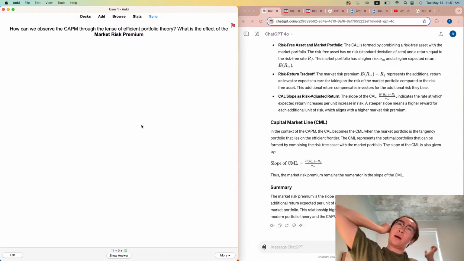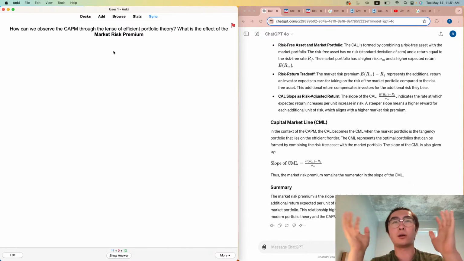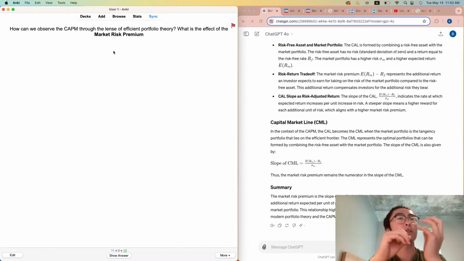So, how can you observe the CAPM through the lens of efficient portfolio theory? What is the effect of the market risk premium? CAPM can be thought of as if you were to have a market portfolio represented, a portfolio of all investable assets, and use that as your efficient frontier. The true market portfolio of the CAPM is the tangent portfolio on your efficient frontier with respect to all investable assets.